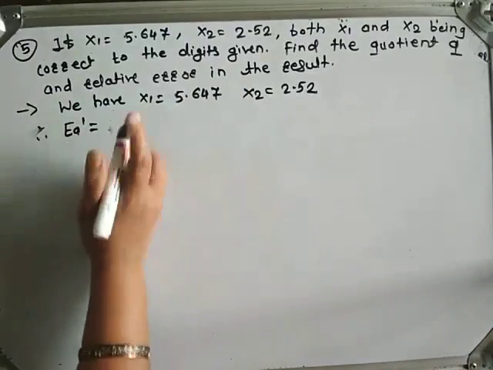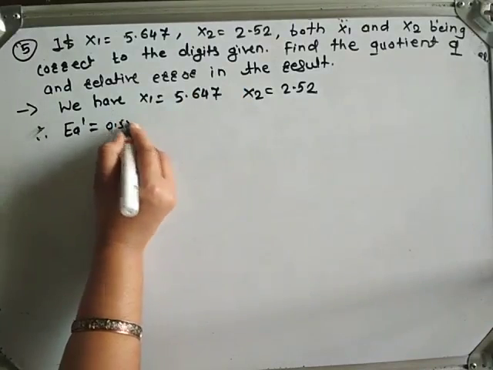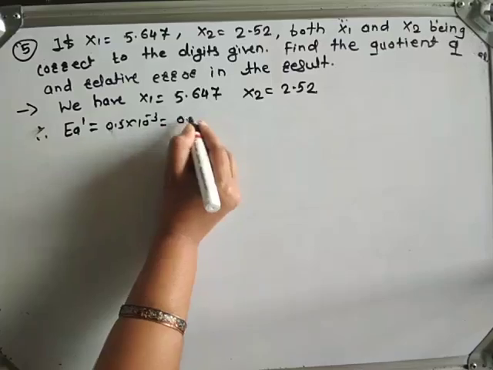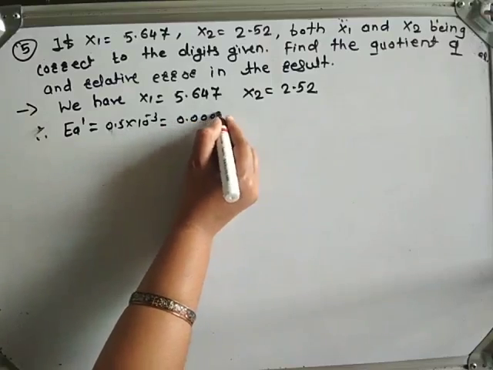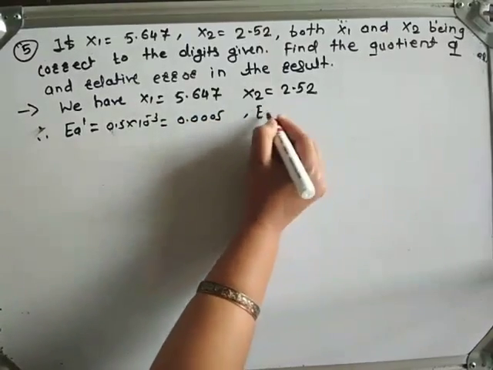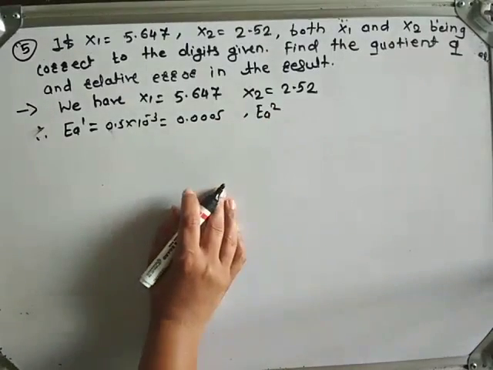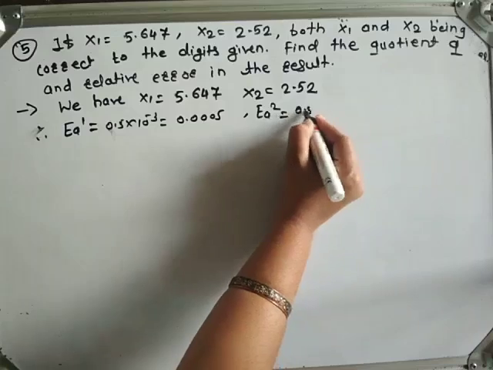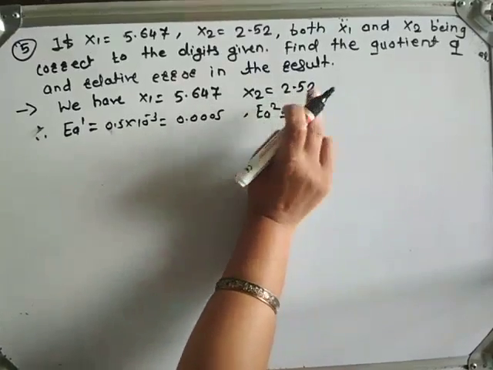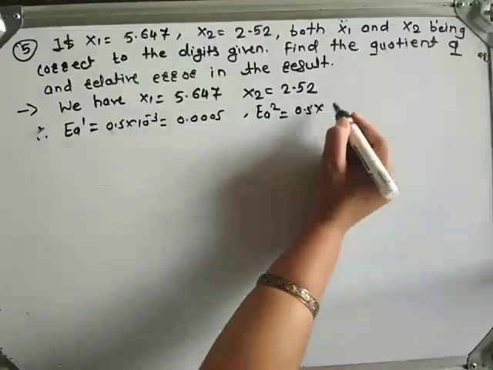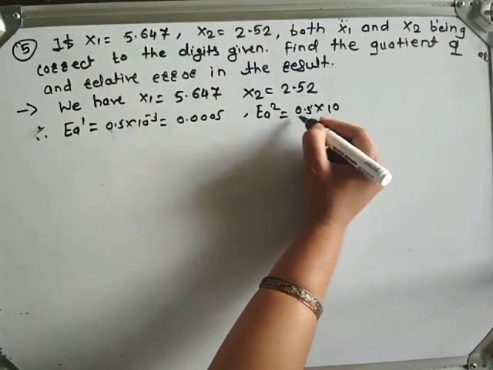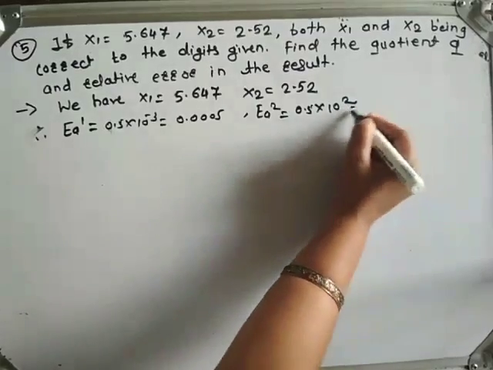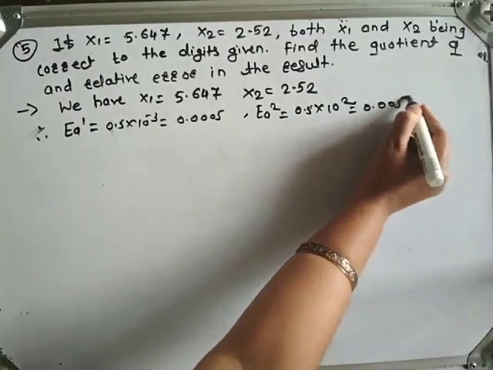Therefore the absolute error in this number is 0.5, that is 1 by 2 into 10 raised to minus 3, which equals 0.005. Then the absolute error in x2, EA2, equals 0.5 into 10 raised to minus 2, since this number is rounded to 2 decimal places. Therefore EA2 equals 0.05.